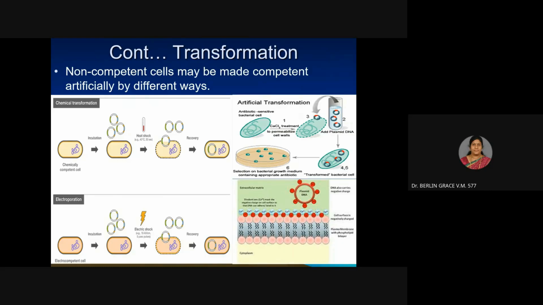The membrane also has a negative charge. That will be neutralized by the addition of the chemical calcium chloride, and then it can enter. Similarly, an electric pulse can also cause this pore, and that process is called electroporation. Chemical or electric pulse can facilitate such entry of DNA into non-competent cells.